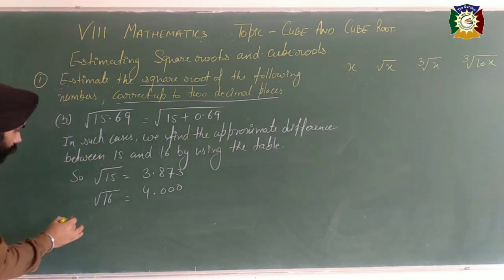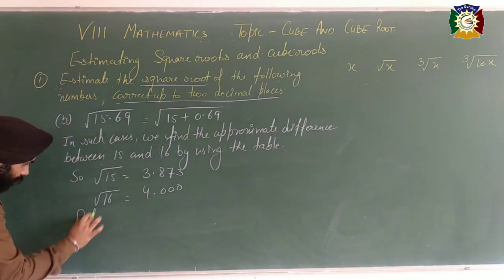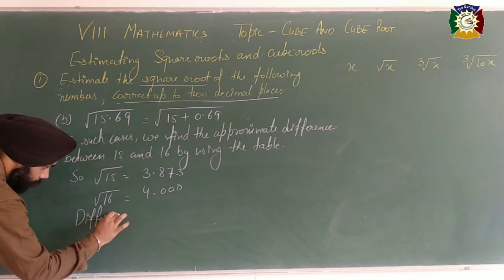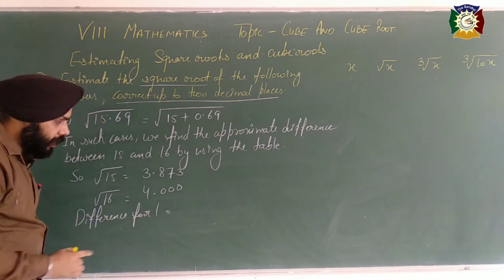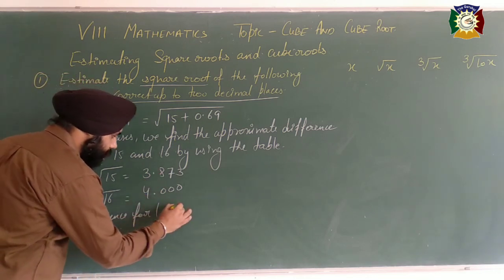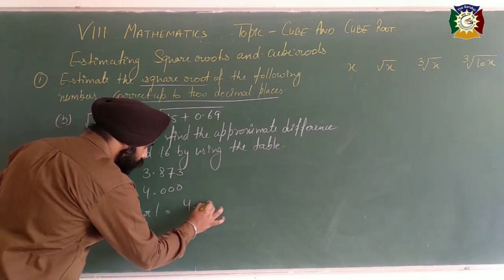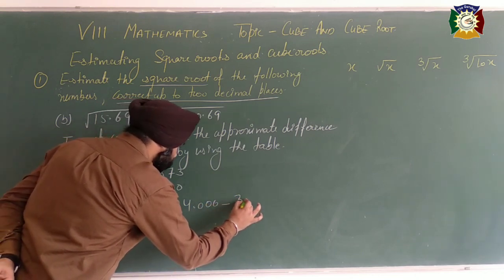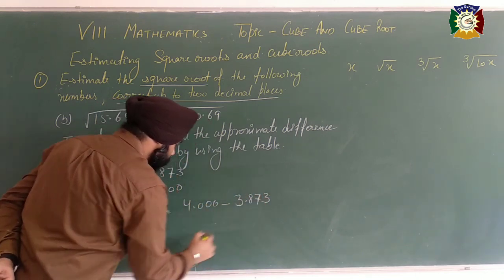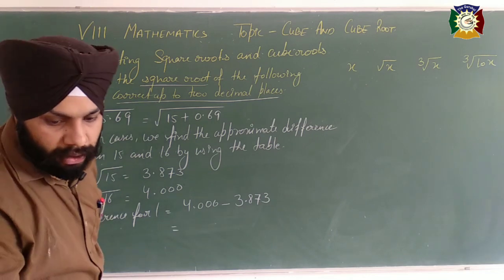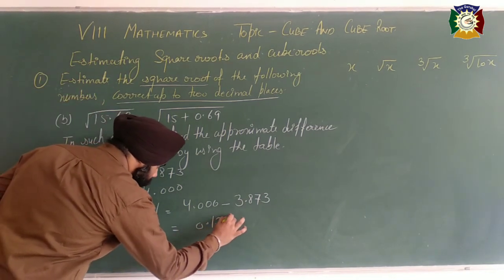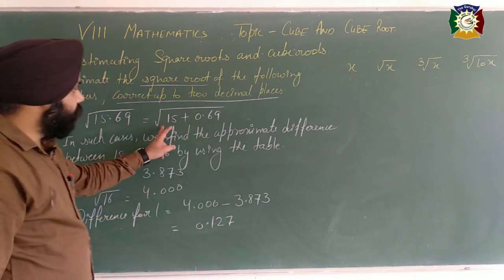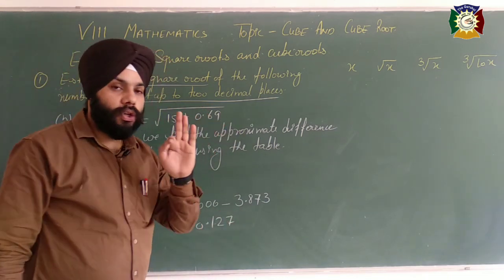So we have to find the difference for one. How do we find it? Subtract 3.873 from 4.000, and we get 0.127.